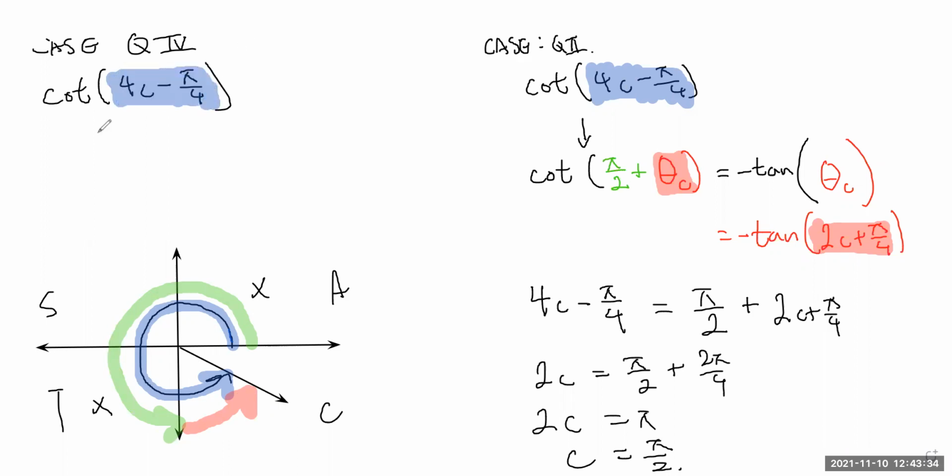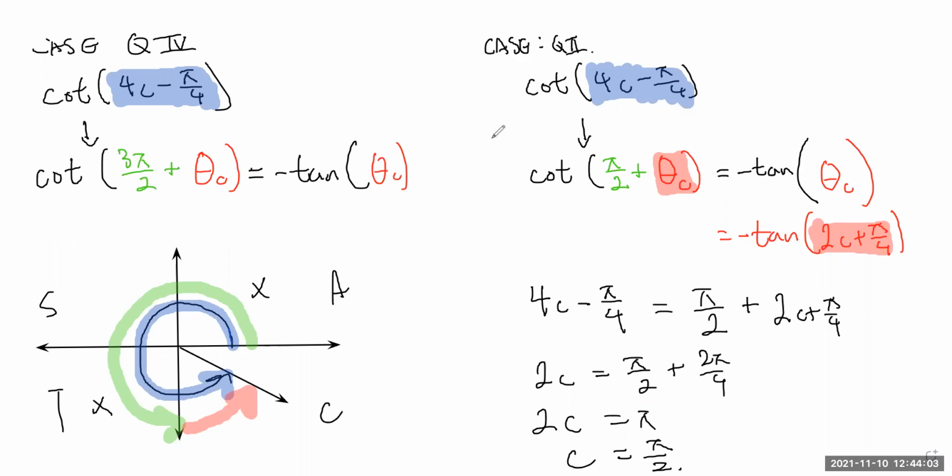That blue arrow, as I said, could be rewritten as cotangent of, where's my green? 3 pi over 2 plus my correlated angle, which happens to be what? Well, we don't know just yet, but because of my cofunction identities, I can rewrite this as CAST, a negative tangent of that correlated angle, which of course happens to be, according to our question, 2c plus pi over 4.